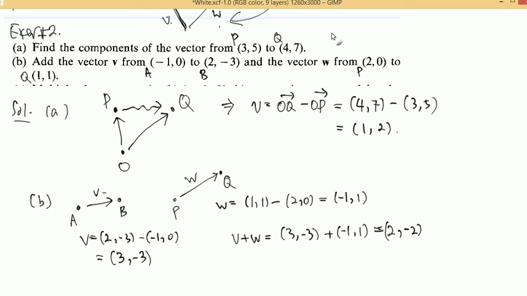Is there a question, sir? Yes. In the case of W, why do you subtract 2 comma 0 from 1 comma 1 instead of the other way around? The point P is 2 comma 0 here, right? Yes. And Q is 1 comma 1. So if you're going in that direction, here is W1 and W2, and we're looking at this vector right here.